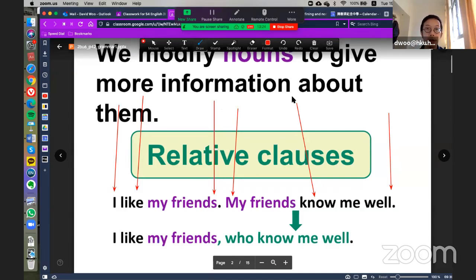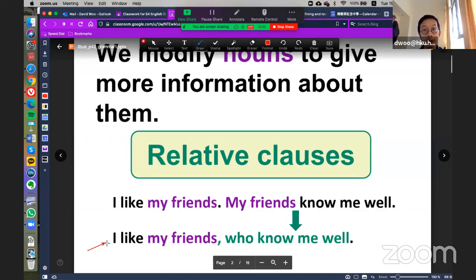Okay. So up top, we see 2 sentences, 2 clauses. On the bottom, we see 1 sentence, 2 clauses. And we use relative clauses to combine clauses to make 1 sentence.